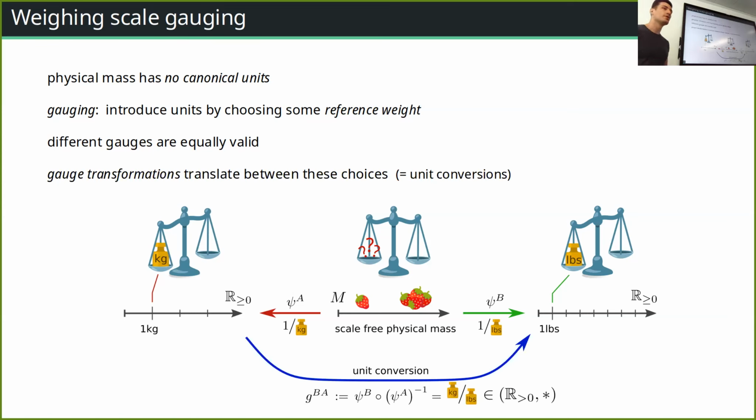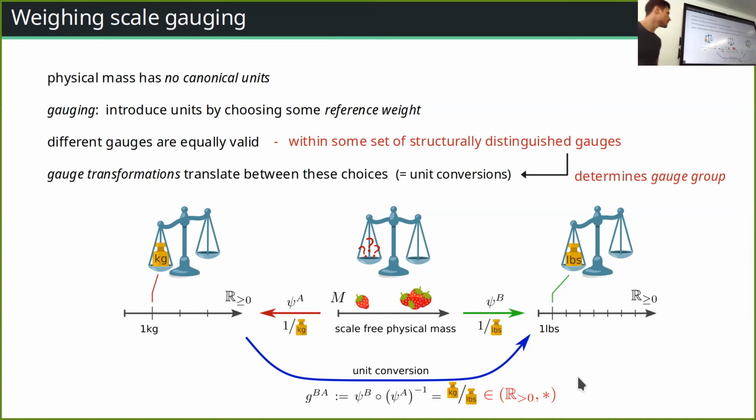And in particular, you get unit transformations, or more generally, we talk about gauge transformations between these different units of measurement, which in this case would just be this gauge group element would just be a multiplication with a positive real number, which just scales the grid accordingly. And what is really important to understand here is that these gauges you choose, they should be equally valid, but often we have the case that there are certain gauges which are preferred by the mathematical structure of the problem.